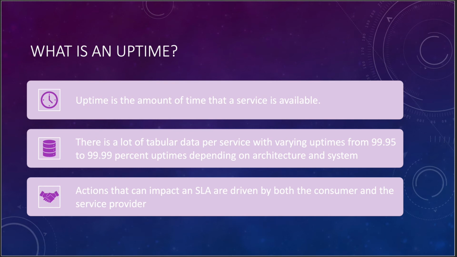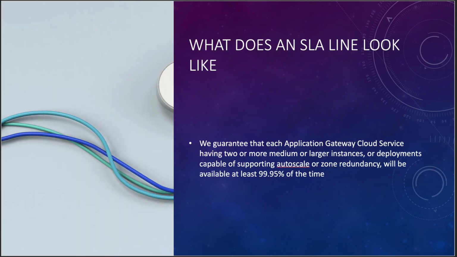But there are distinct actions that both you or the service provider can take that will drive the ability to actually meet the service level and how that will impact what you're doing. So an SLA is pretty straightforward. This is one straight from the tabular data.